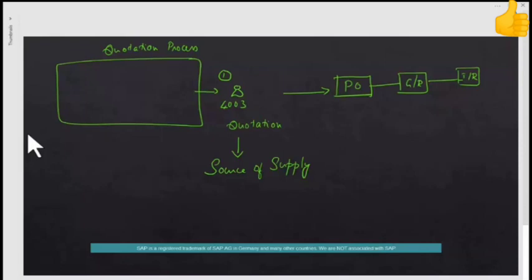There are three ways primarily in which you can create a source of supply. And we have seen all of these sources of supply already. The first source of supply is a purchase info record. The second source of supply is a contract. The third source of supply is a scheduling agreement.